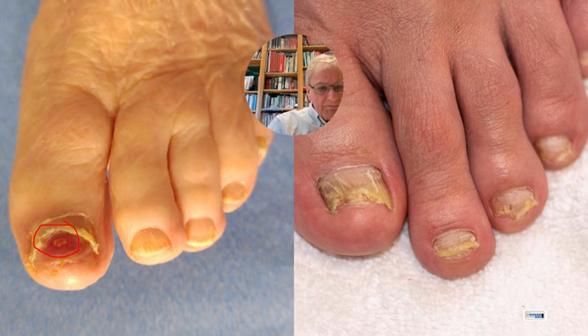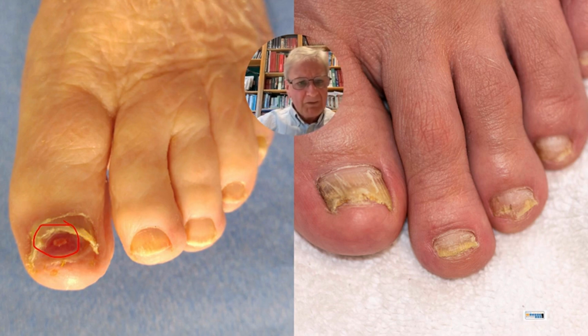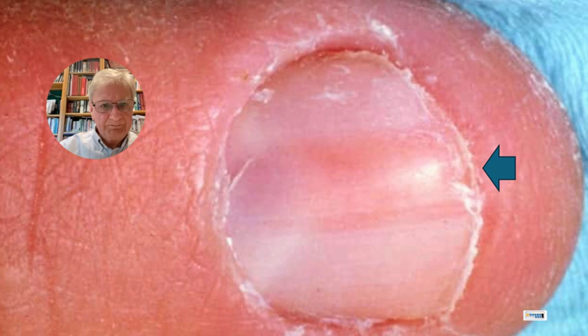It could be an ulcer, and we've seen chronic ulcers lie underneath nails which have not been treated properly. And if this is the case, then they can become infected, and long-standing infection in immunocompromised patients can lead to bone infection, which is known as osteomyelitis. So we need to bear that in mind.